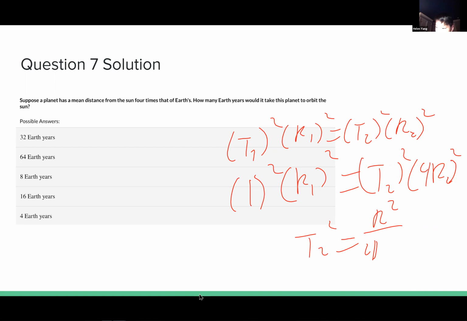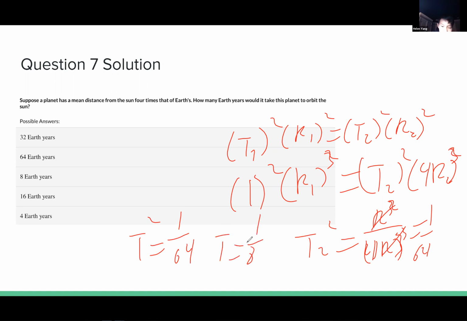Oh, sorry. It would be cubed. So it would be r cubed over 4 r cubed, so it would be 1 over 64. So t squared is equal to 1 over 64, and t would be equal to 1/8. And since it's 1/8 as long, it would be 8 Earth years.